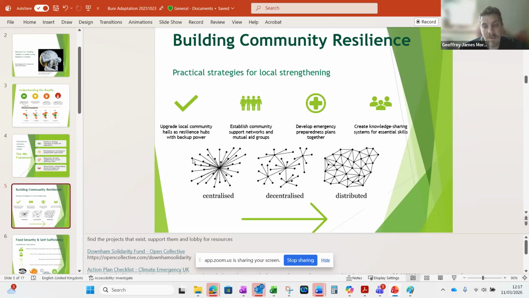A lot of these things happen to us rather than us having a say in what goes on in the world. Decentralized is better. We're more aware of our surroundings, but what we need is short supply chains and short distribution to other communities and other resources and other means of being resilient and adaptable. I'll take you through some of this stuff in more detail with some examples.